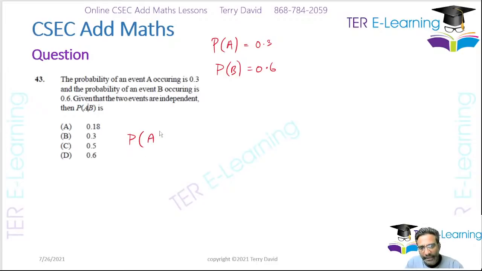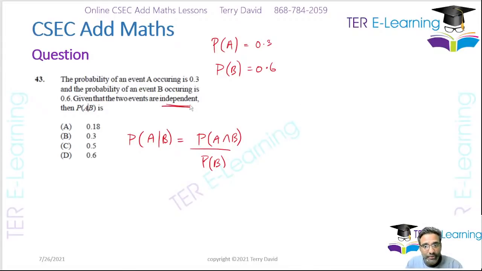So A given B. You all need to know this probability formula: it's P(A intersect B) over the probability of B. Now, these are independent events.